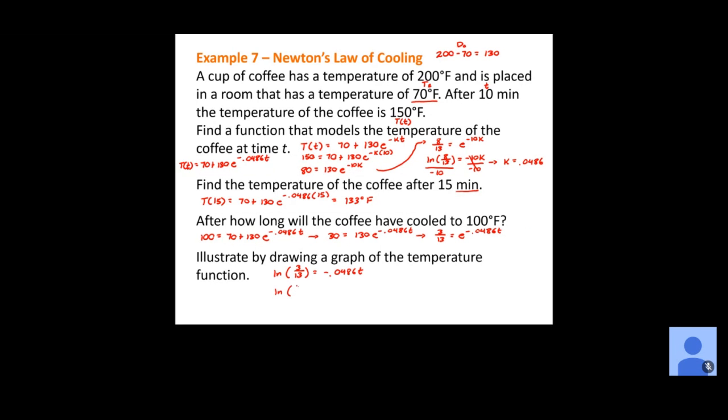We have natural log of 3 over 13 divided by negative 0.0486. That is our t value. And so again, we go to our calculator and just get a decimal for that. If we do that, we should get about 30.2.